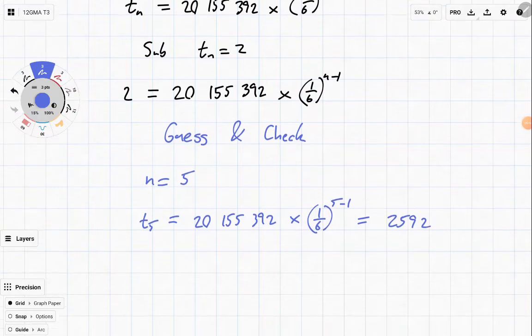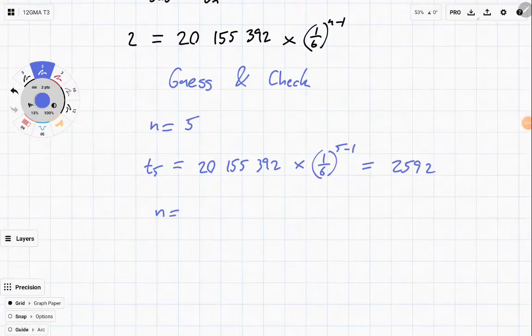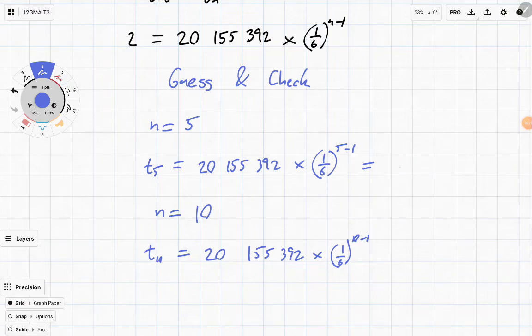So let's try n equals 10. That gives us T10 is equal to 20,155,392 times a sixth to the power of 10 minus 1. Oh, sorry, I didn't include the minus 1 earlier. Sorry, this one should have been 15,552.